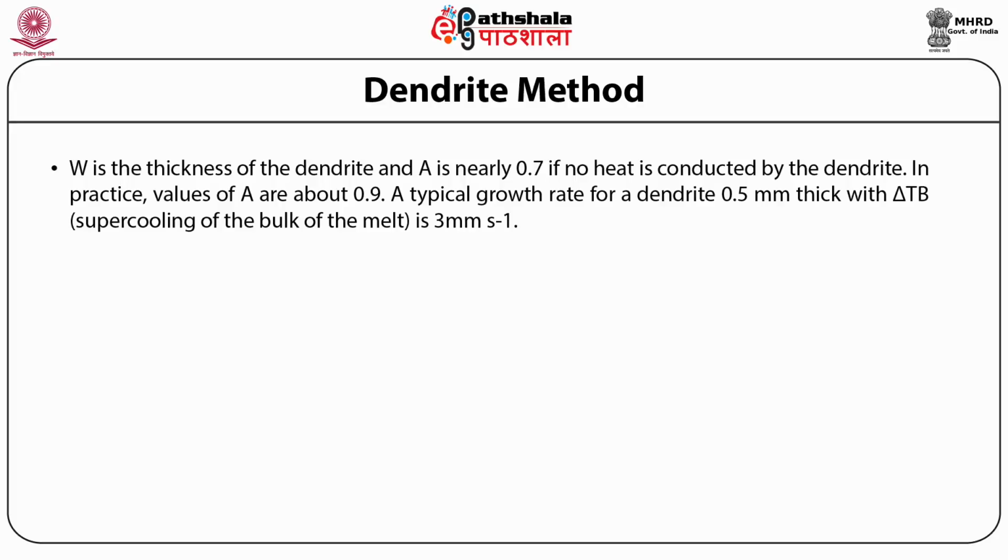In practice, values of capital A are about 0.9. A typical growth rate for a dendrite 0.5 mm thick with delta T_B, which is the supercooling of the bulk of the melt, is 3 mm per second.